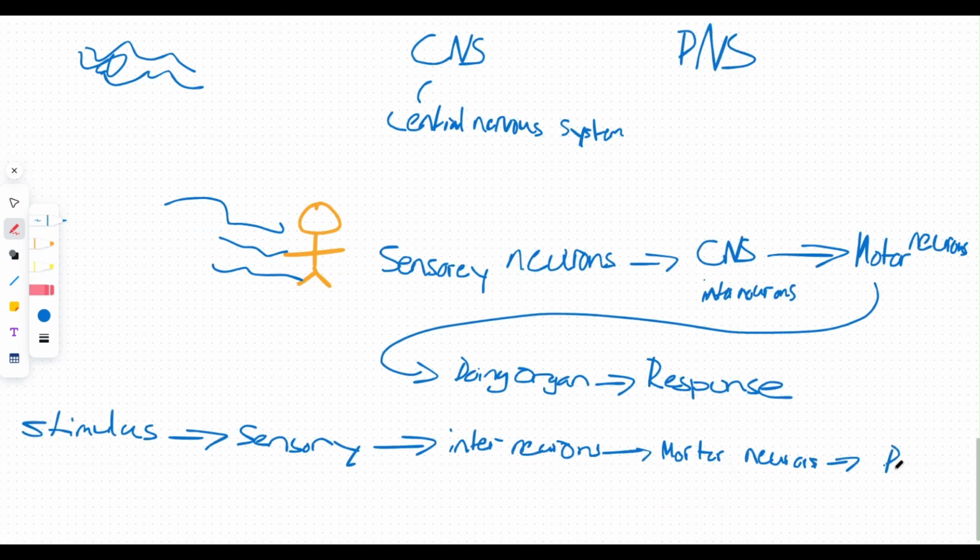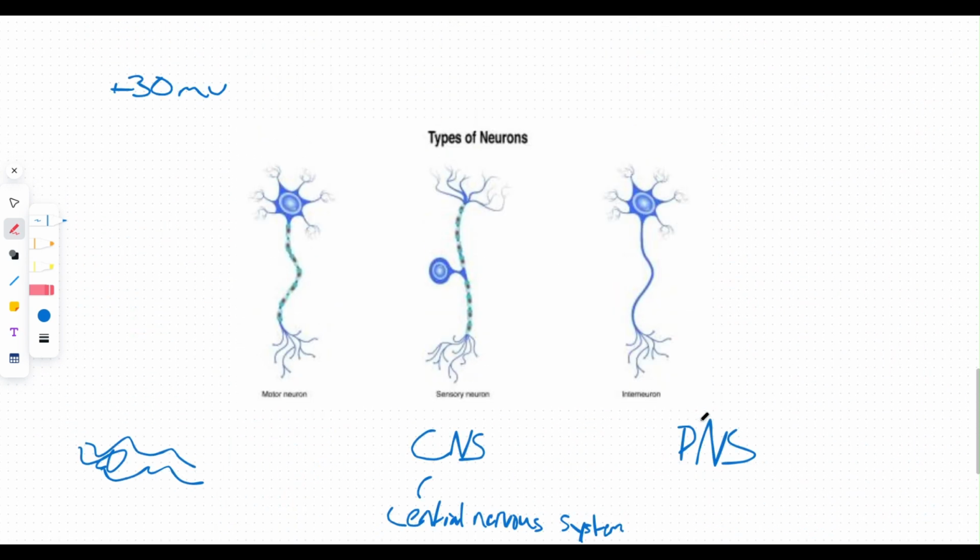This whole process that we just did is called a negative feedback loop. We'll get into that later. So these are the different types of neurons.